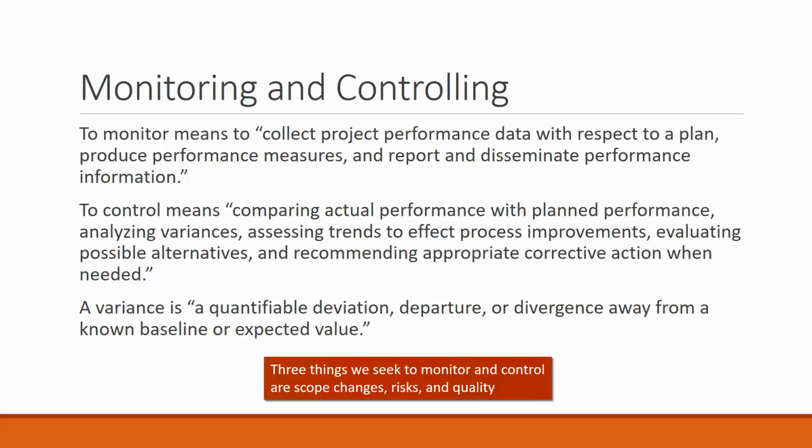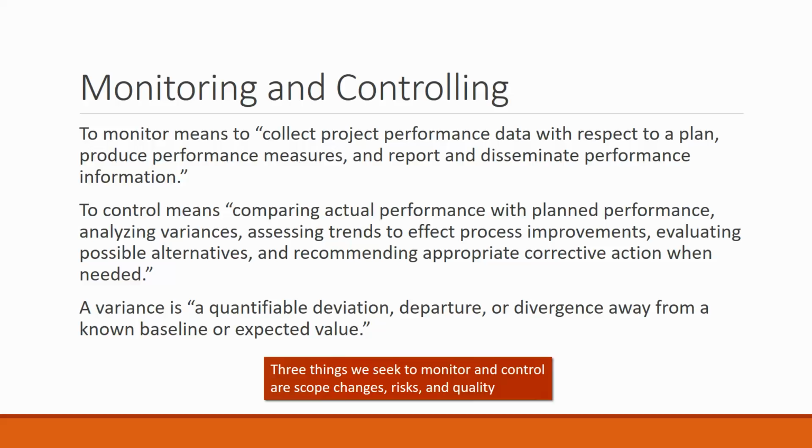Now, when we're talking about controlling, here we're looking at the actual performance against the planned performance. A lot of earned value management here. We analyze the variances. We look for why. Why do we have a variance? What is happening? Is there a process that requires improvement? Is there something that happened? Is there somewhere we need to get involved?